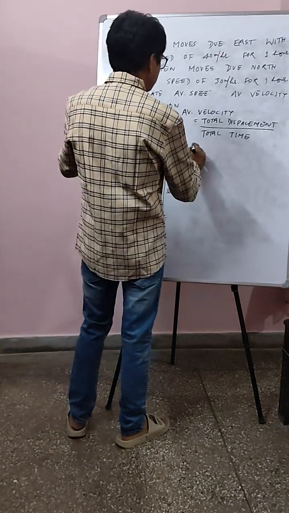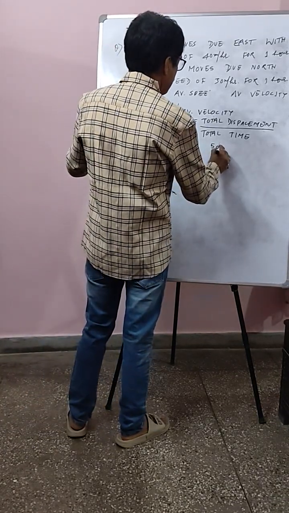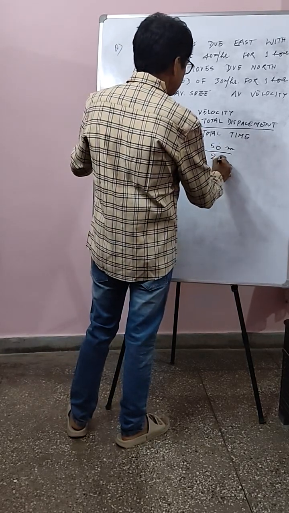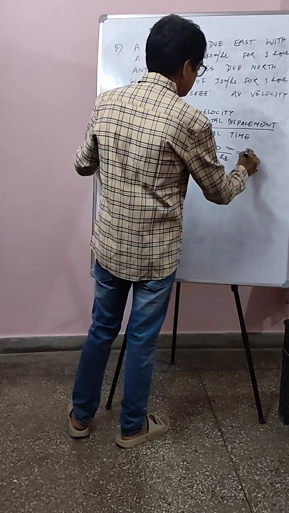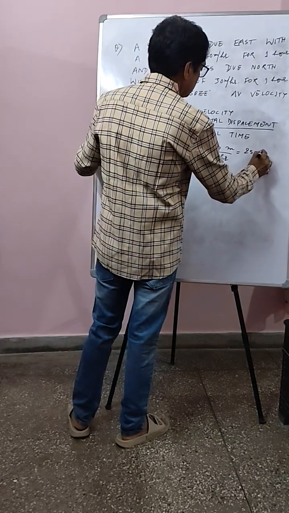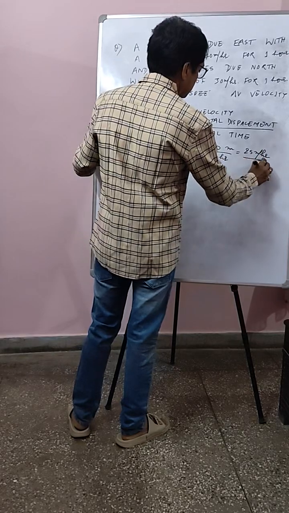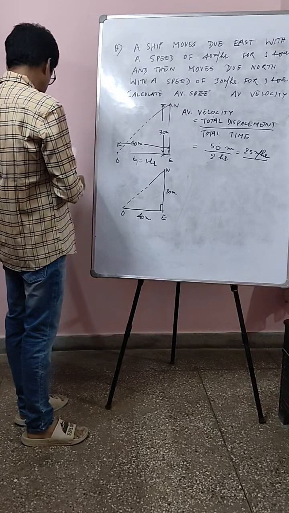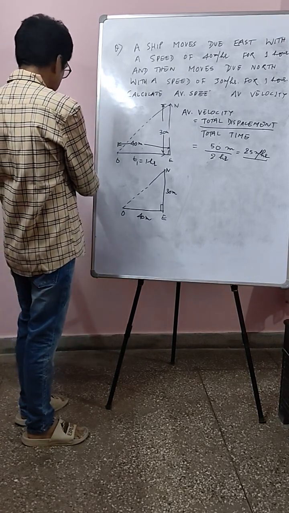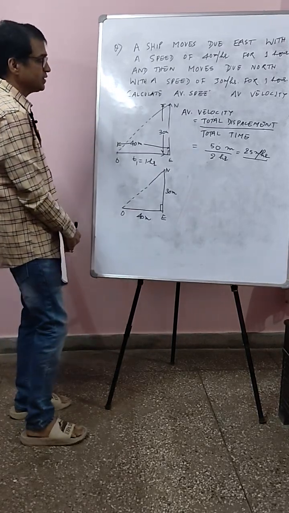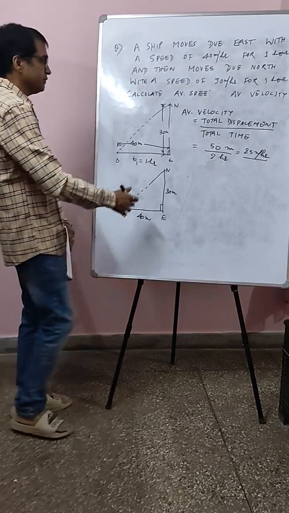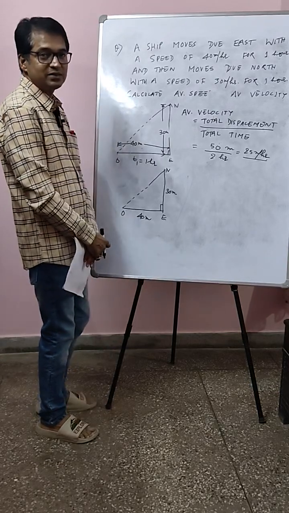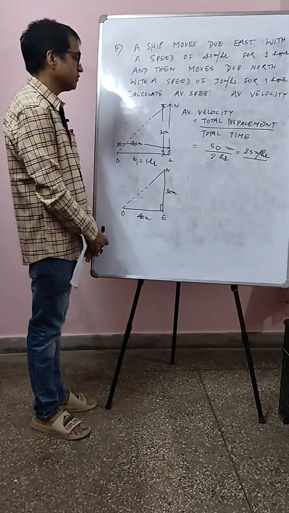Total displacement equals 50 meter, total time taken equals 2 hours, so that equals 25 meter per hour. So average velocity is 25 meter per hour. The trick is that we have to find total displacement. Total time remains the same at 2 hours. So this is 25 meter per hour.